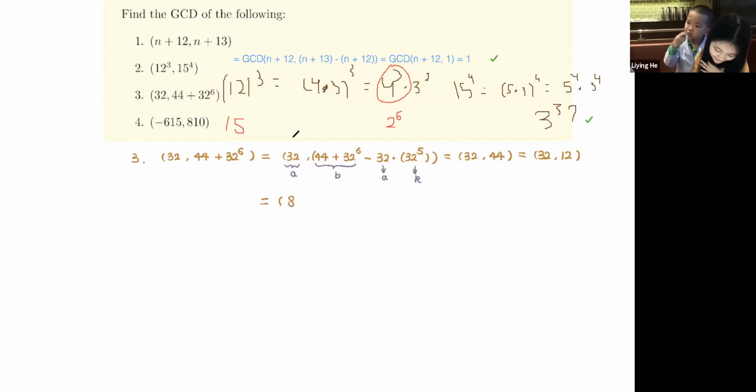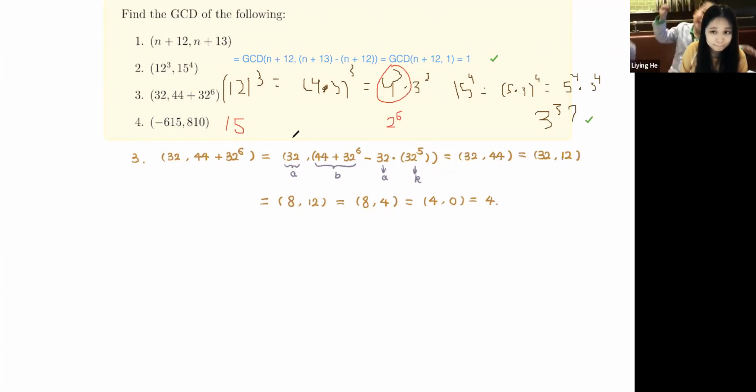That's going to give us 8 and 12, which equals 8 and 4, which equals 4 and 0, which equals 4.